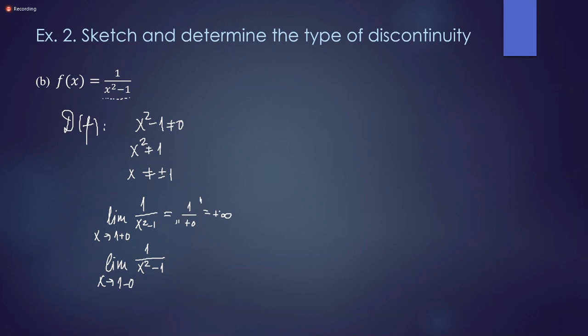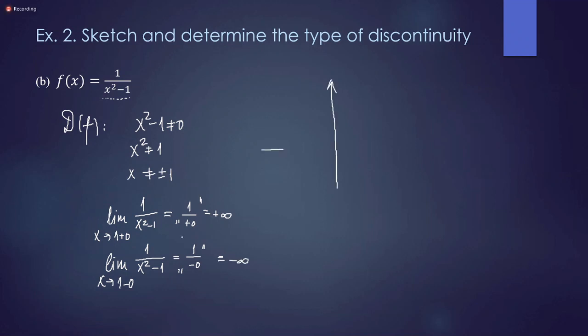Again, I'm putting it into quotes because it's not exactly division by 0. It's division by something infinitesimal but negative. 1 divided by negative 0 will be negative infinity.